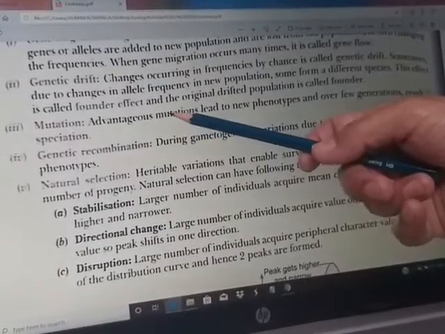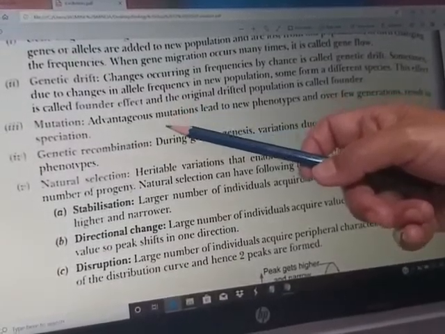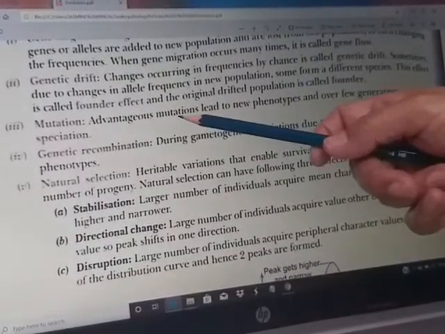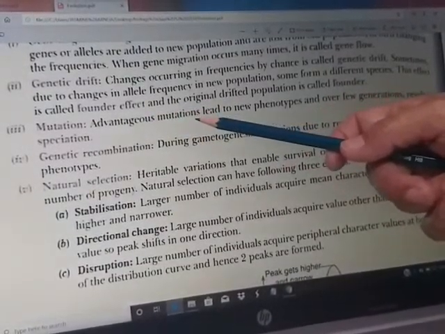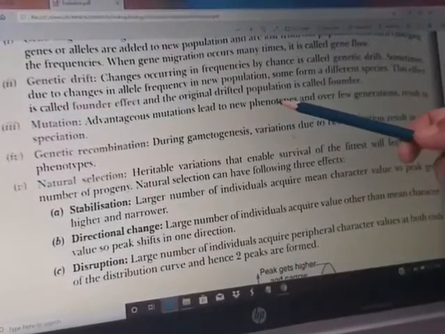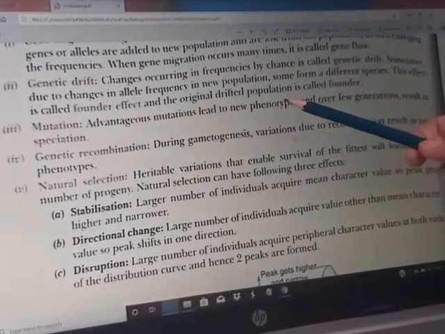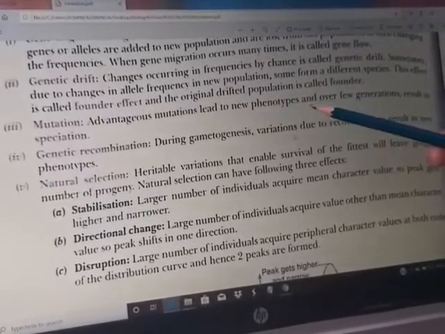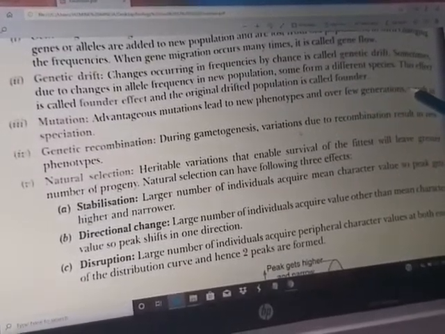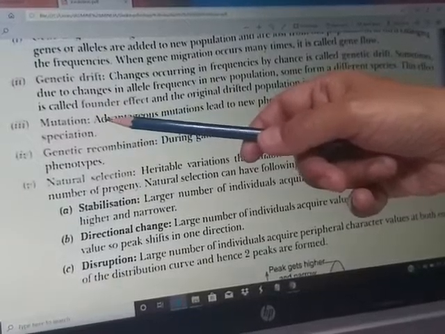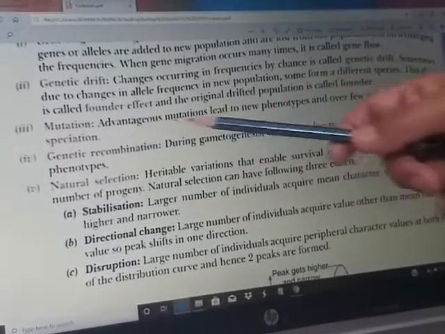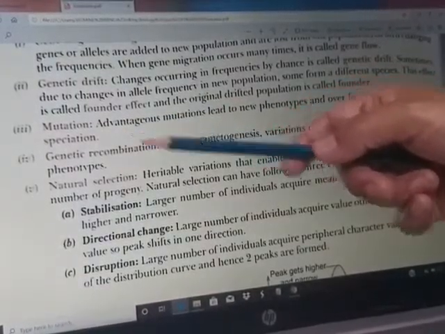Mutations are sharp changes, but there are certain changes which are favorable for the survival of the individual. So, advantageous mutations lead to new phenotypes, means new external appearances, and which have more adaptive potential. And over few generations, they result in speciation. And this is how we are finding sharp changes, and this is another factor.